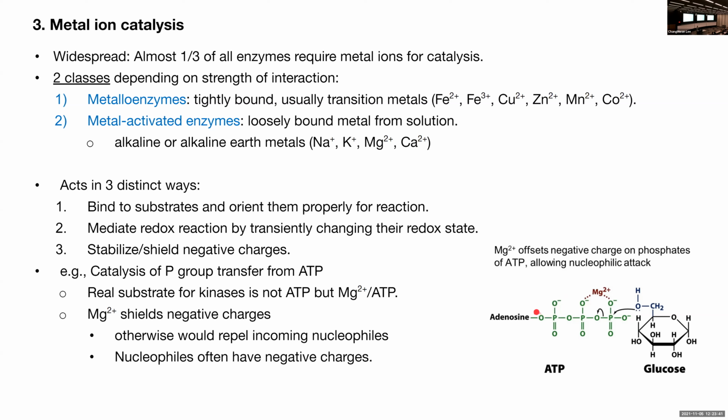And this magnesium basically shields or stabilizes these negative charges of oxygens right here that are attached to phosphorus. And this phosphorus, especially the third one, is attacked by the hydroxyl of the exocyclic carbon of the glucose to form the covalent bond.